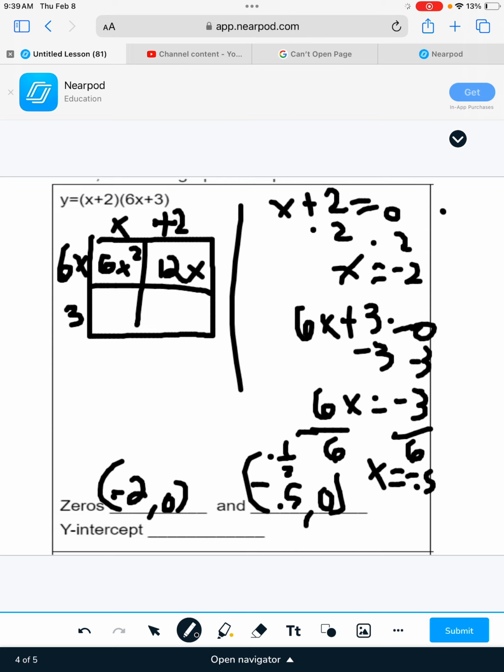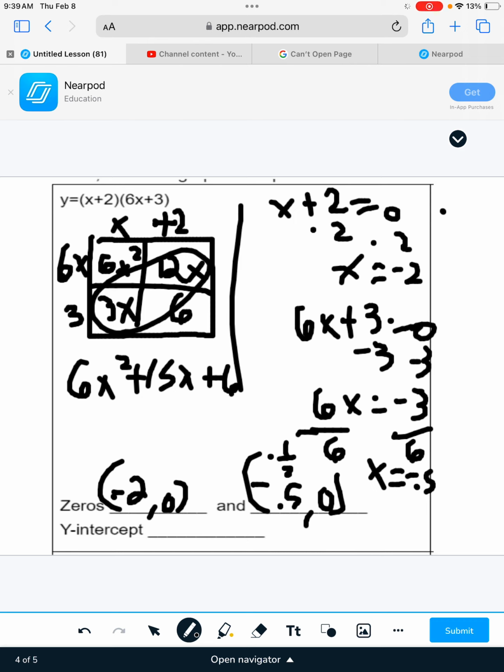I got x times 3, which is 3x, and then 3 times 2 is going to be 6. So I get 6x squared. 12x plus 3x is 15x. That's positive, so it gets a plus sign. And then a positive 6 here. My y-intercept is 0, 6.